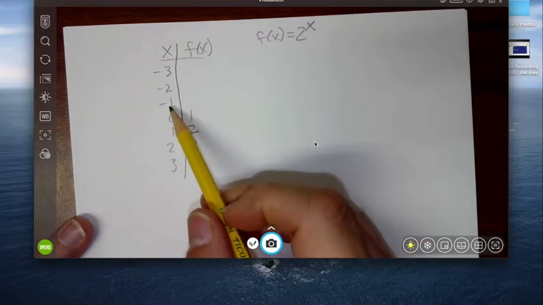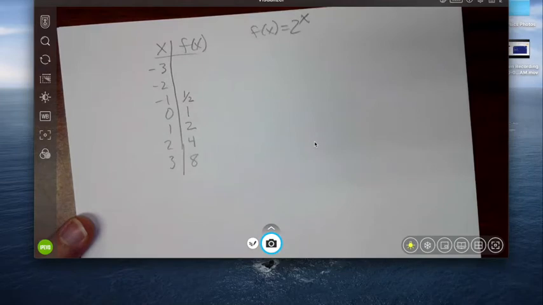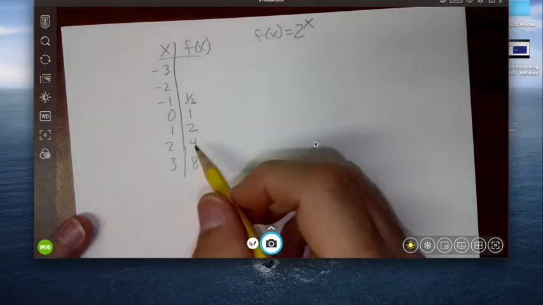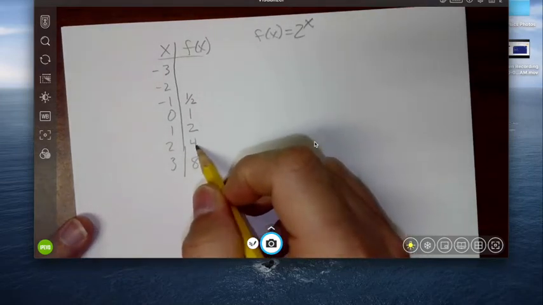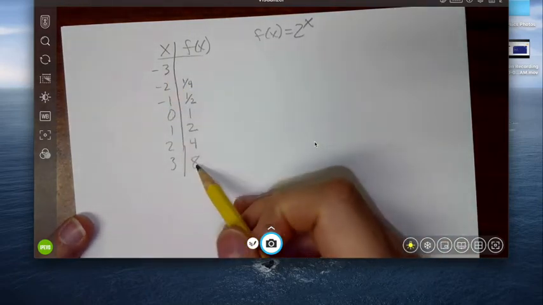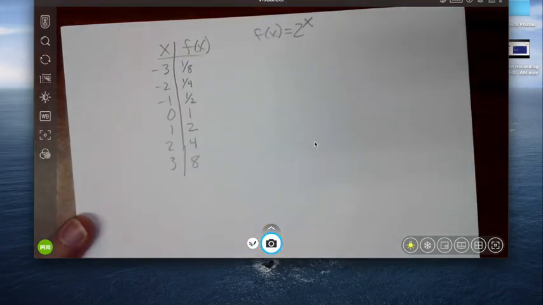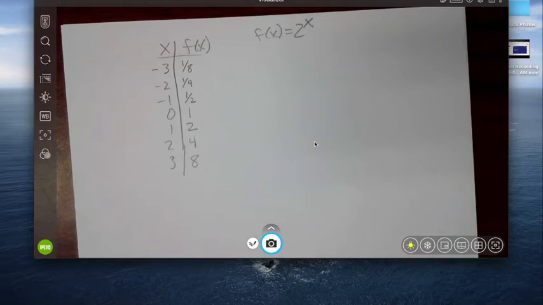So 2 to the negative 1 is 1/2. 2 to the negative 2 takes this 4 and flips it over, so that's going to be 1/4. And then 2 to the negative 3 takes our 8 and flips that over and makes it 1/8. So these are our values for our table.